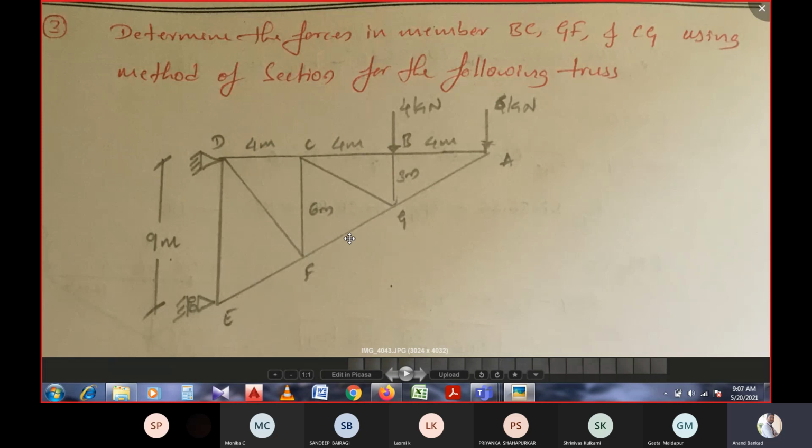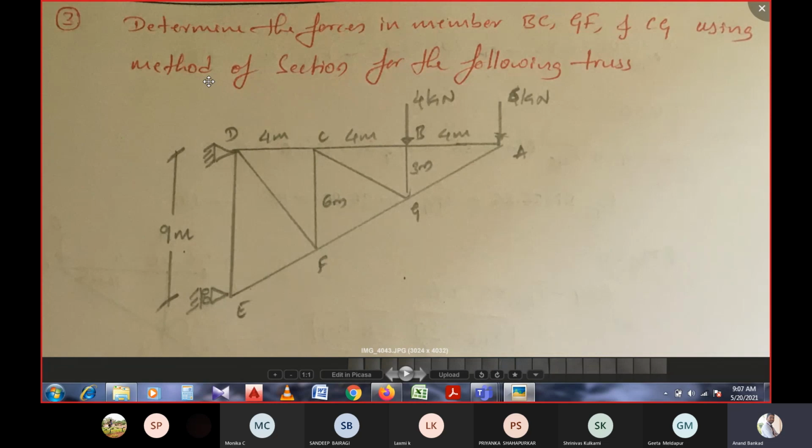But if you start solving this truss by the method of joints, you may have to start from one of the ends, and you will be calculating all the forces in the members, which is not asked in the question. Even if they haven't mentioned the method of sections, you would follow it, because you need to find only three members in this truss.